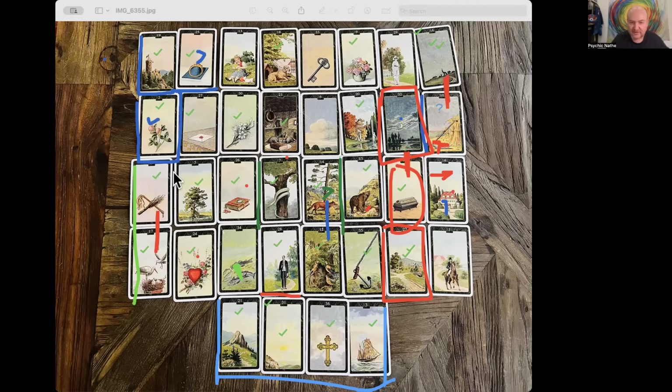The birds are in the house of the woman, confirming the conversation with the woman. The anchor in the house of the lily, and the crossroad in the house of the sun. That makes sense because there's a big crossroad here. And then the shadow and the light with the rider in the house of the sun.